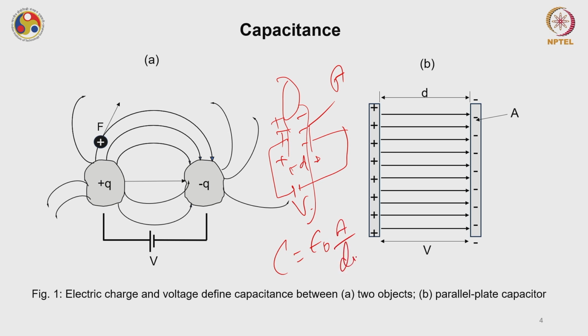This is again shown in the form of a point charge, but all this constitutes a single plate, and similarly you have a negative charge on this side, and then you have electric flux lines.